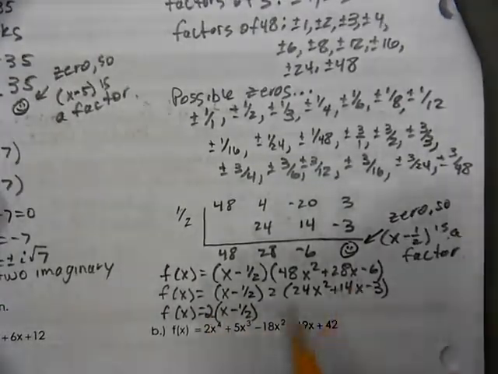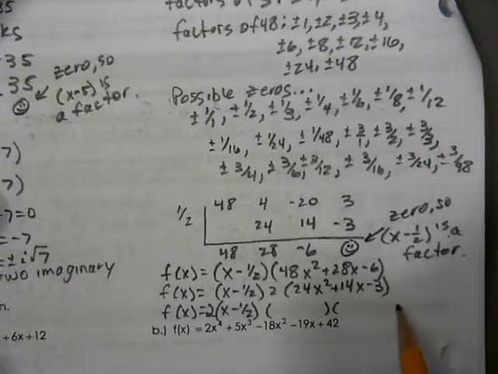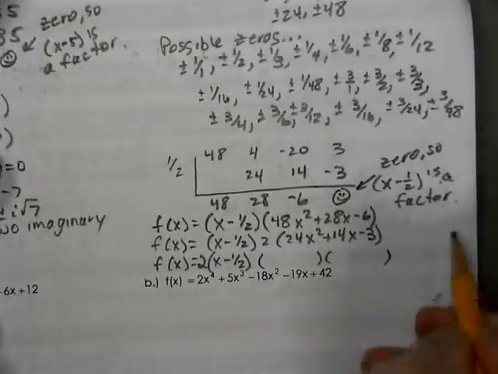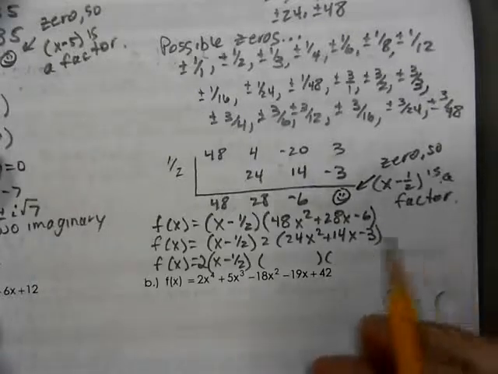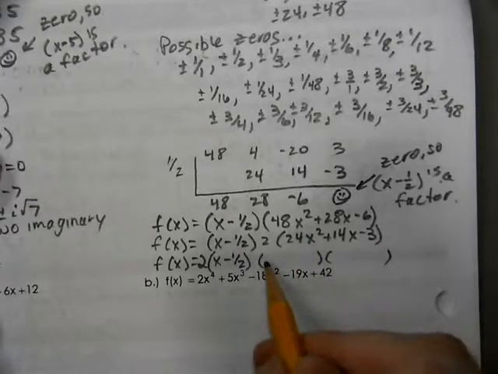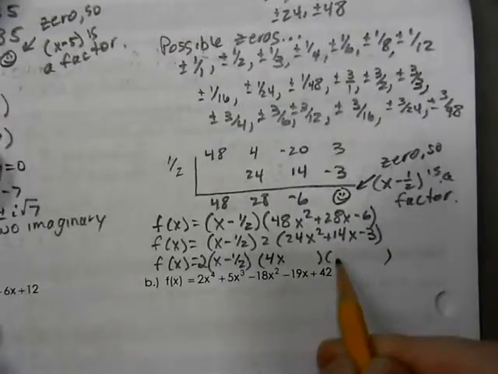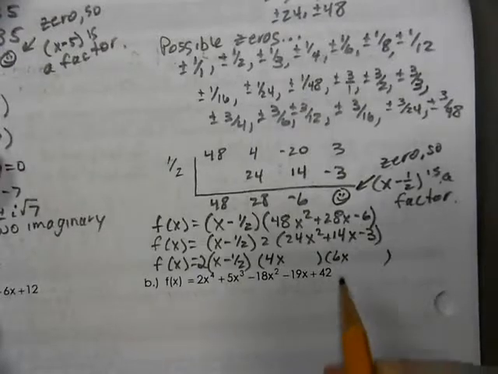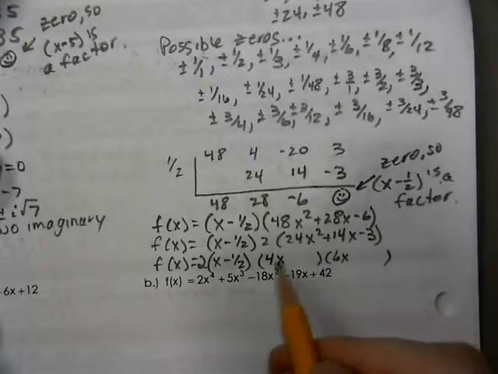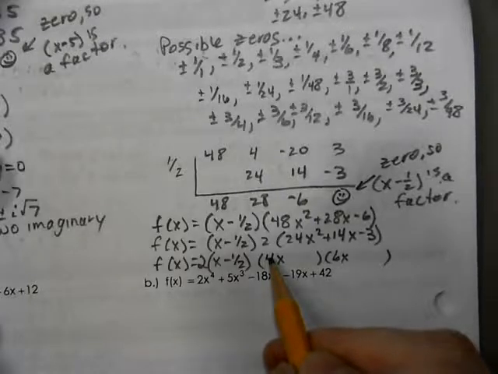Move the 2 out to the very front, looking for how to factor that. We could do that with the box, we could do that with the table. Looking at a guess and check format, what times what's going to give us 24? Let's try 4x and 6x, because 3 is an easy one to get. It has to be 3 and 1. So let's see if this works.